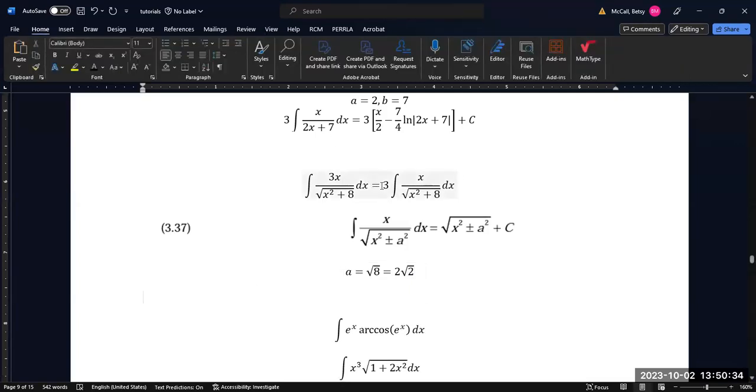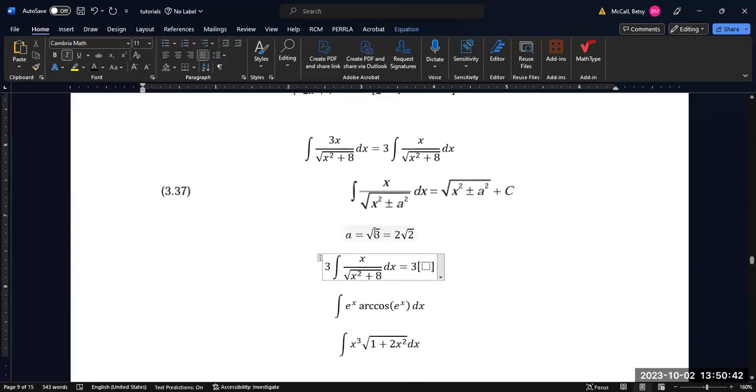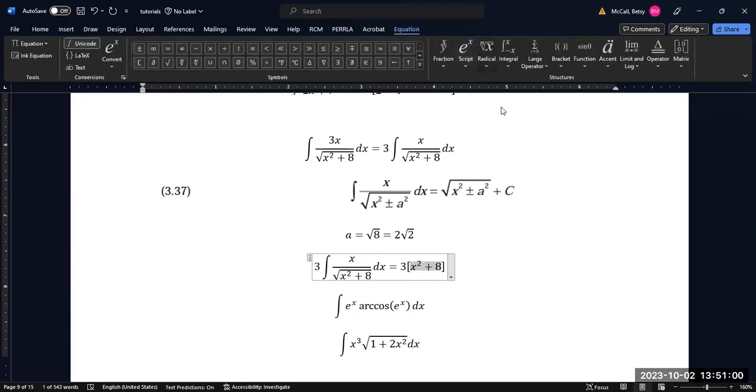And so now if we apply our formula, we're going to get 3 times a bracket, and we're going to apply our formula. This is a pretty straightforward one. Again, we could have done this by substitution. We're going to end up with the square root of x squared plus 8, plus c.